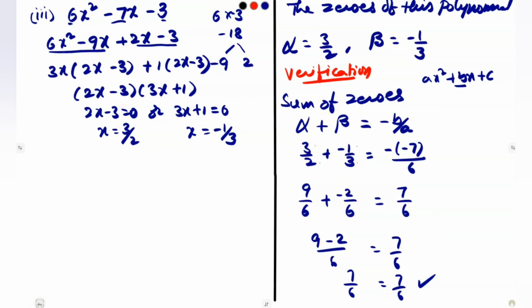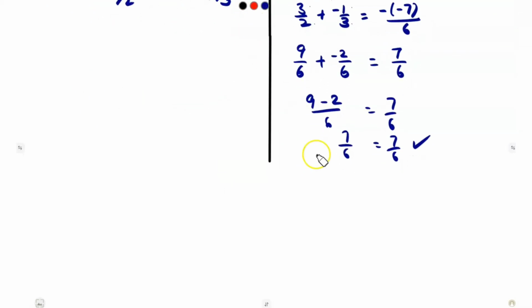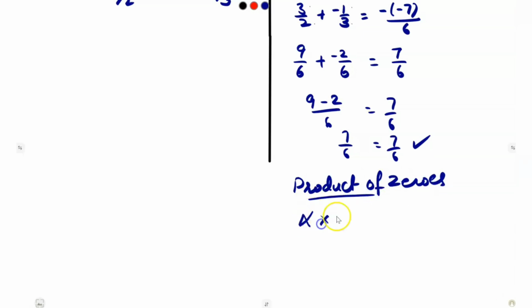Now, verifying with the product of zeros. Let us take the product of zeros, alpha times beta, which is equal to the constant term c by a.